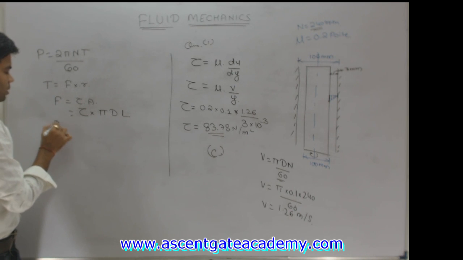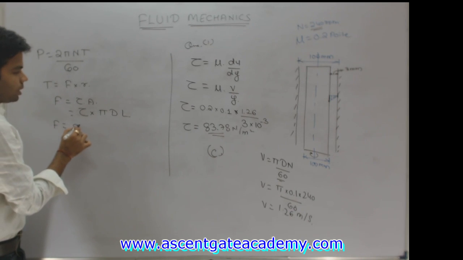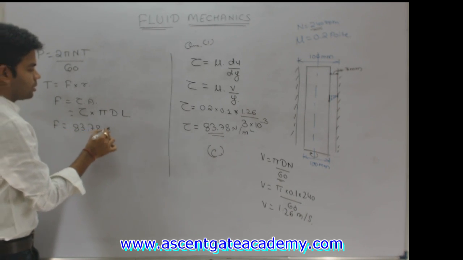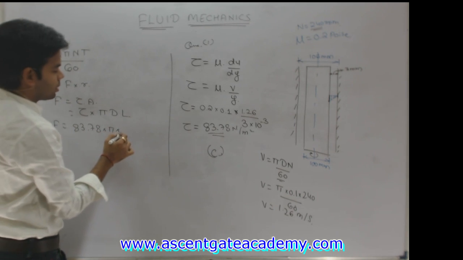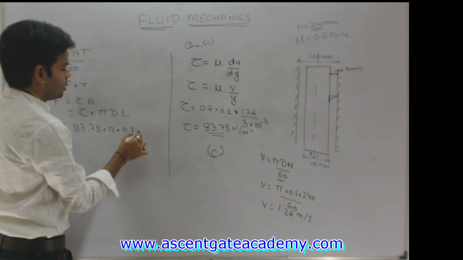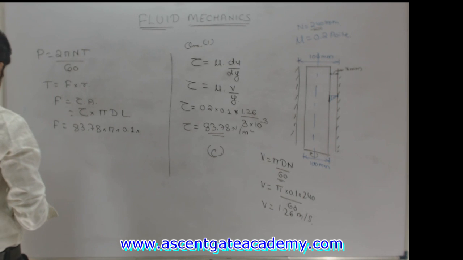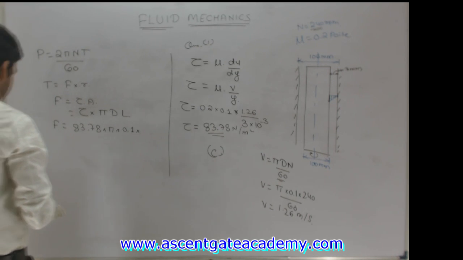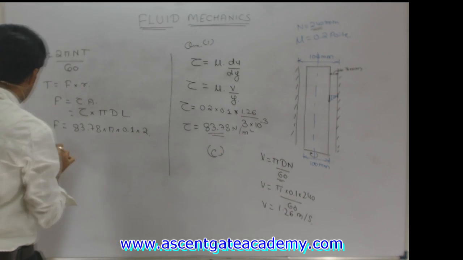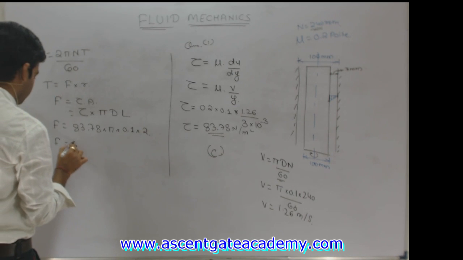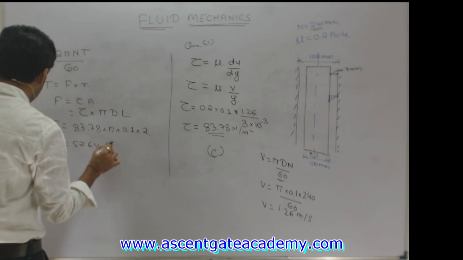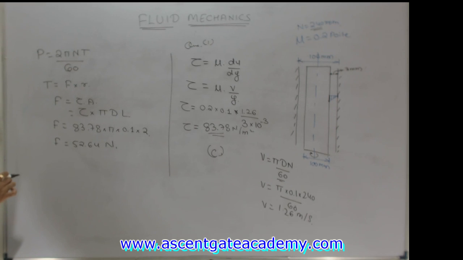Now just put all the values. This F will be equal to 83.78 into pi into diameter 0.1 meter into length, which is given as 2 meter. You will get this force as 52.64 Newton. From here we can get the value of torque, which is equal to F into radius, or F into d by 2.